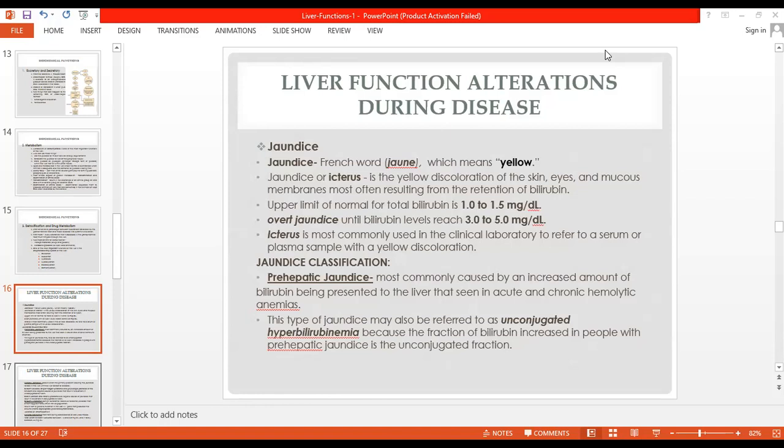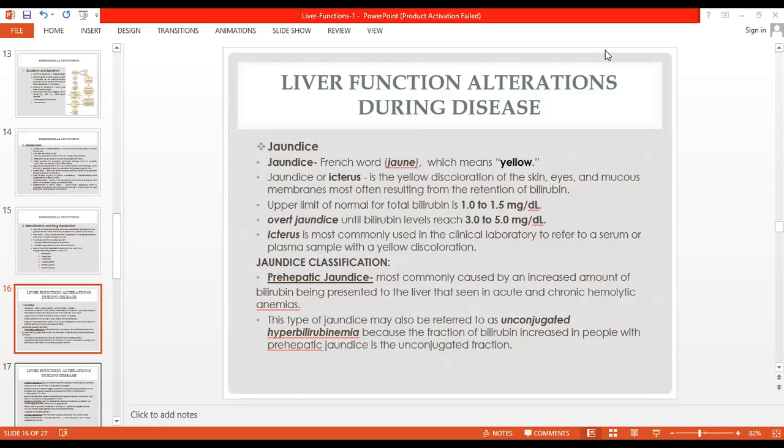Moving on to the prehepatic jaundice. Prehepatic jaundice occurs when the problem causing the jaundice occurs prior to liver metabolism, and it is most commonly caused by an increased amount of bilirubin being presented to the liver, such as that seen in acute and chronic hemolytic anemias.